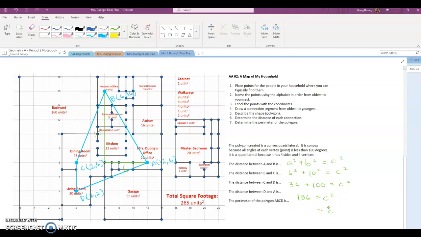And the distance between me and my husband is about 11.66 units. The distance between A and B is 11.66 units.